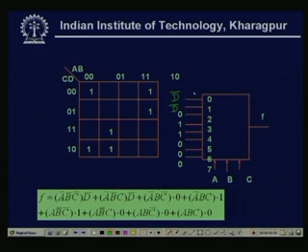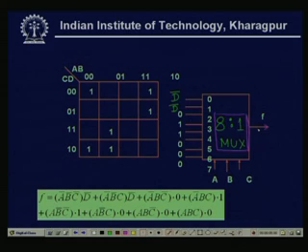So, these will be my 8 inputs, and that 3 ABC are the combination. This is my 8 to 1 multiplexer, and which realizes this particular function.